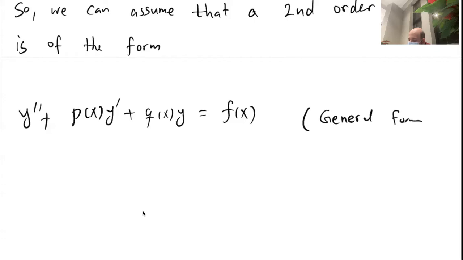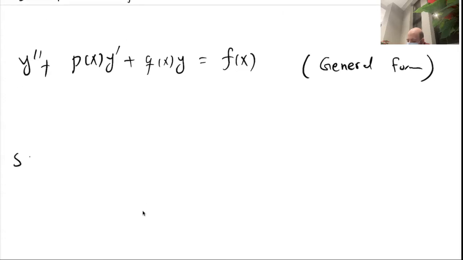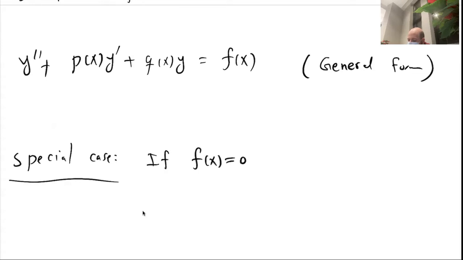And in the special case of this general form, if f of x is 0, so previously we have mentioned that if you have an ODE where the right hand side is 0, then that ODE is called a homogeneous equation.